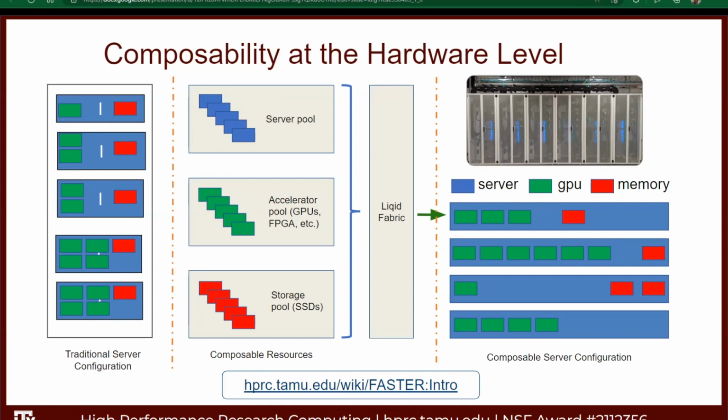As you can see, you can dynamically request a node with 3 GPUs, and there's a node with 6 GPUs. So you get the flexibility to compose the node as per your requirement. Now, this was not possible with the traditional server configuration that we have in the previous systems.